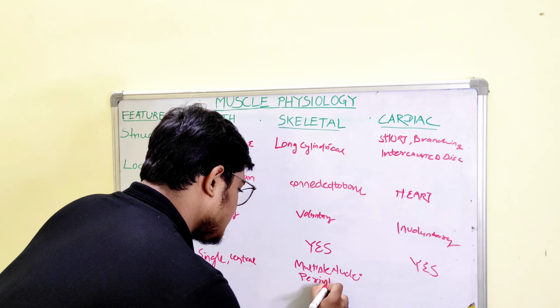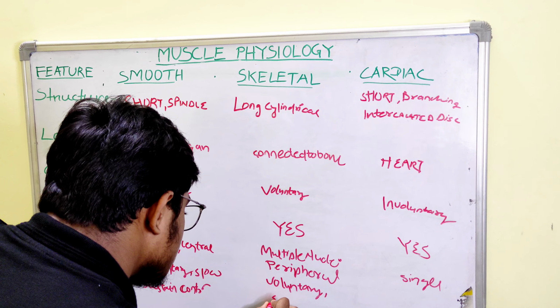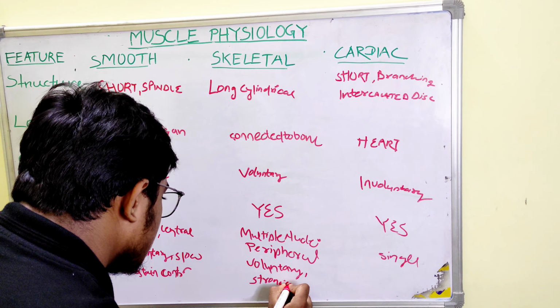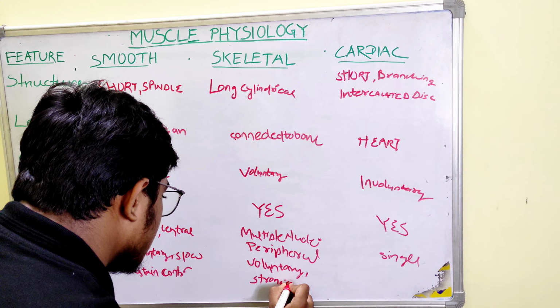Skeletal muscle is voluntary with strong contraction. Cardiac muscle is involuntary, with sustained contraction, and this is the function of pumping blood. So this is the structure.